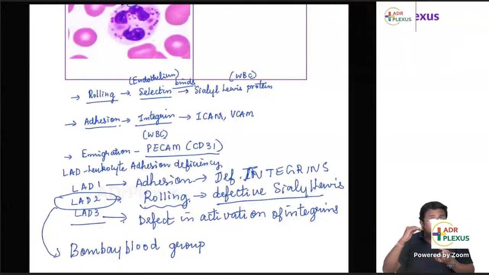What you get is neutrophilic leukocytosis in the peripheral blood. The body is getting a stimulus that there is an infection, so it is producing a lot of neutrophils. Neutrophils are increased because of the infection, but they are not coming out of the blood vessel. Very important classical point for LAD.